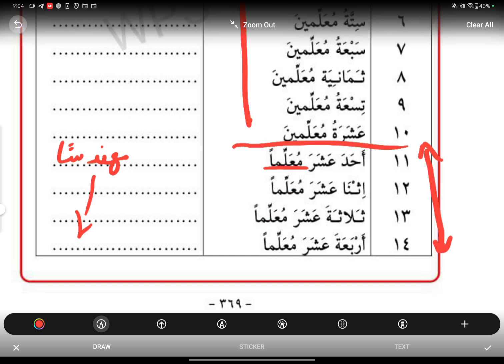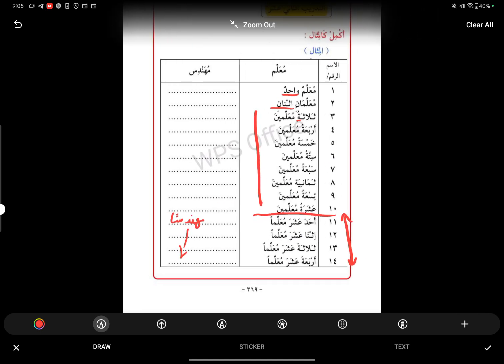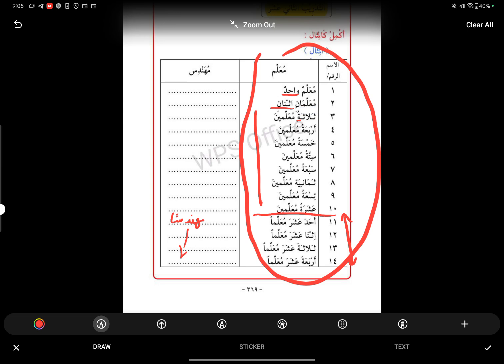It changes back into singular. So you have mu'allim wahid, then mu'alliman ithnan. This is to say one teacher, to say two teachers, to say three teachers.